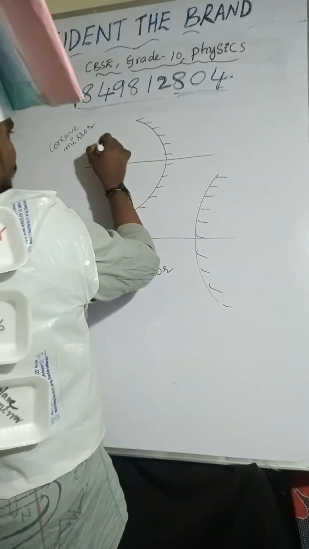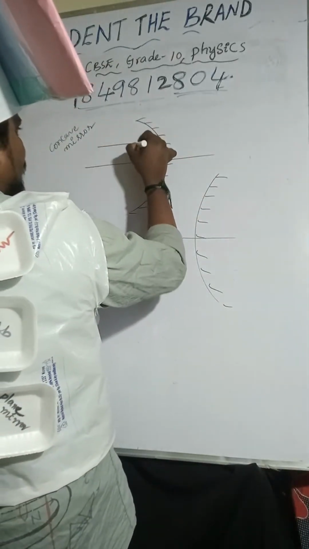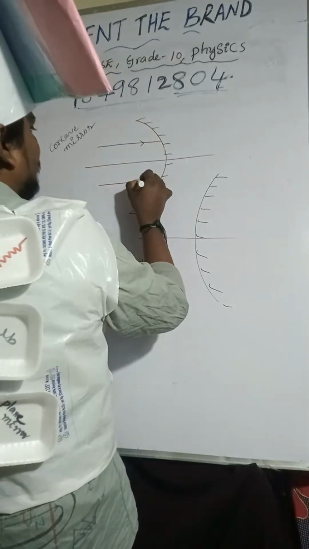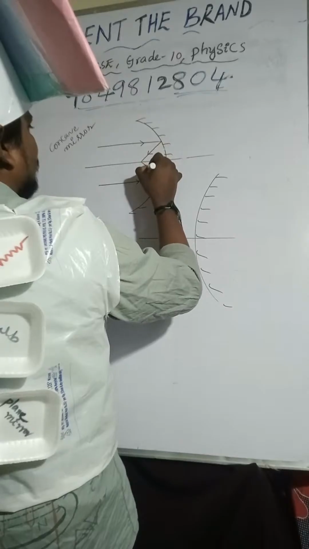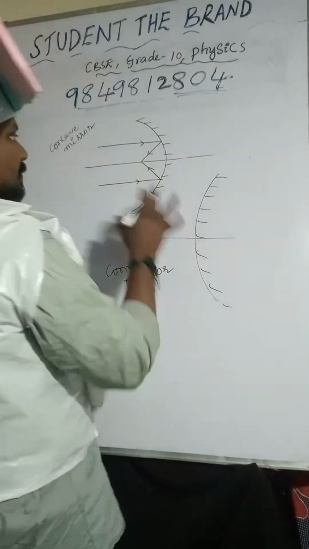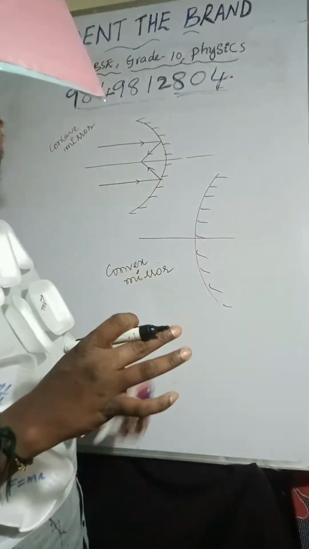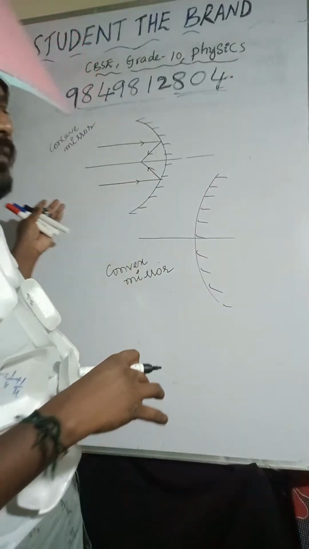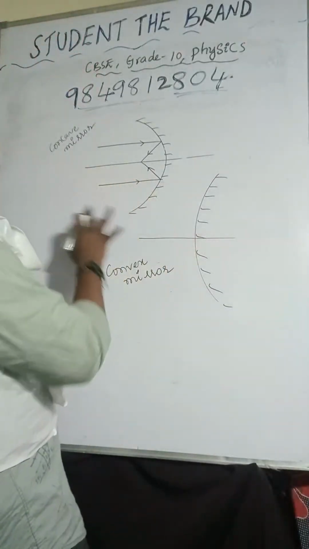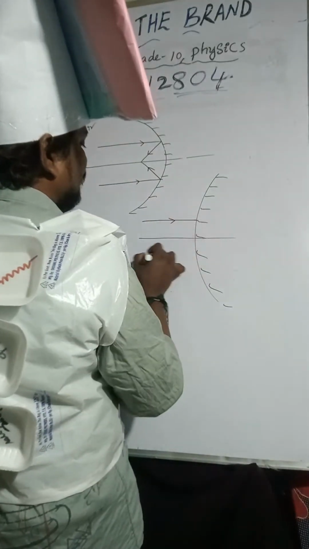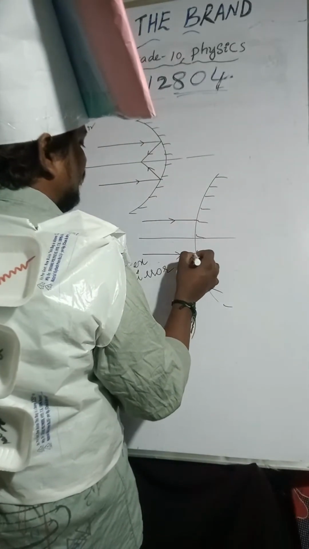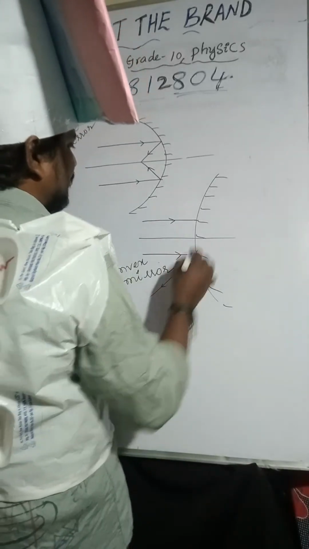In a concave mirror, when light rays are incident on it, after reflection those light rays will meet at one point on the principal axis. So the light rays will be converged. Here, the light rays will be diverged, meaning after reflection those light rays will move away from the principal axis.